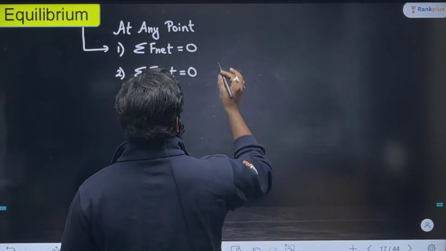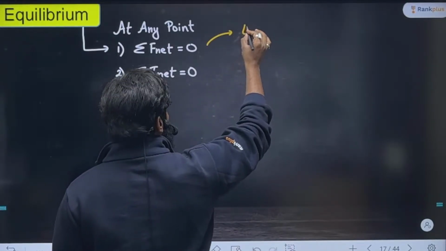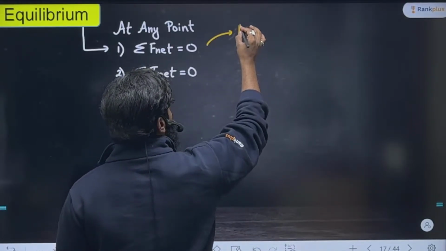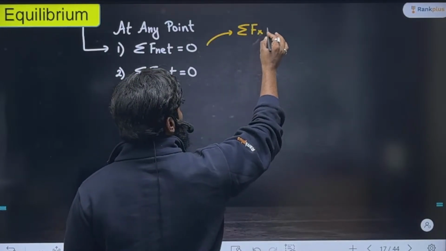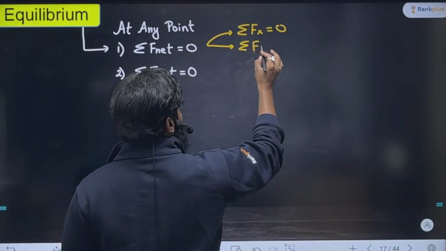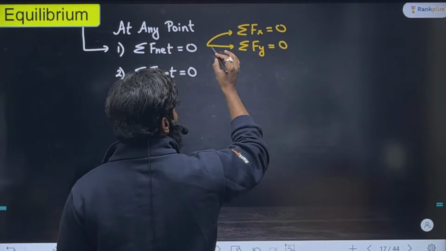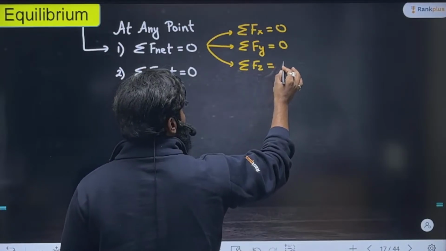If I'm telling you F net, then what does it mean? It means that the summation of force at x-axis is 0, summation of force at y-axis is 0, and summation of Fz is equal to 0.